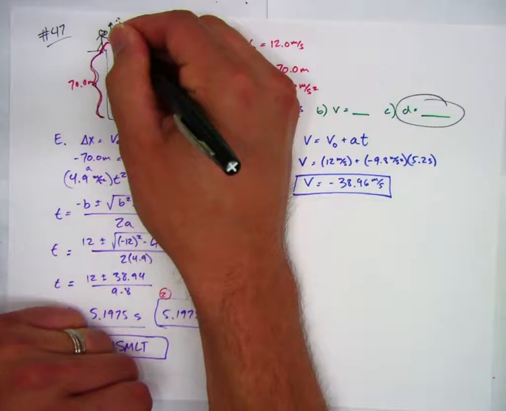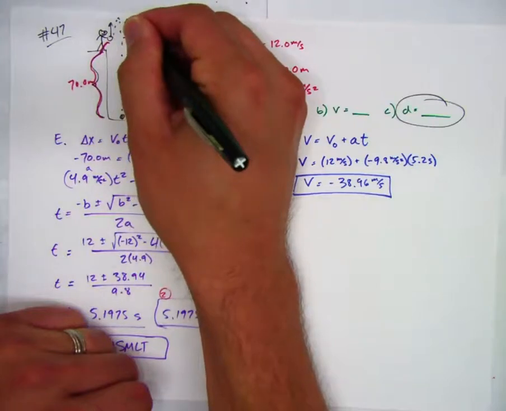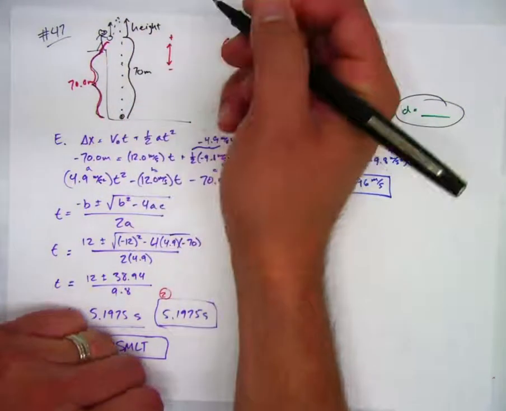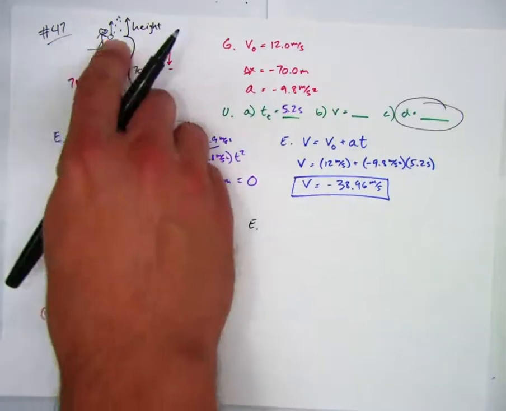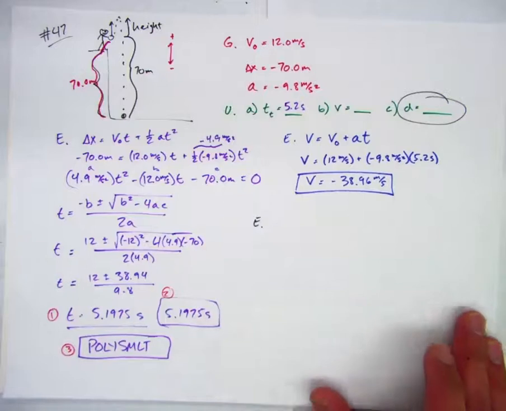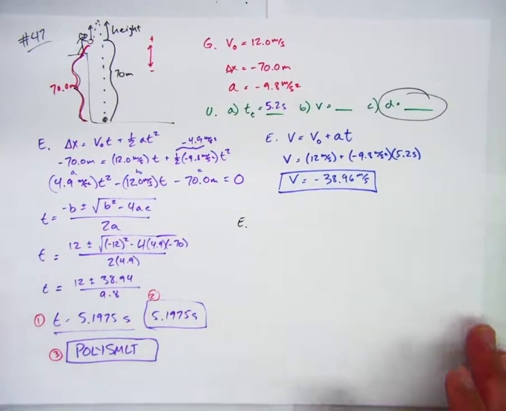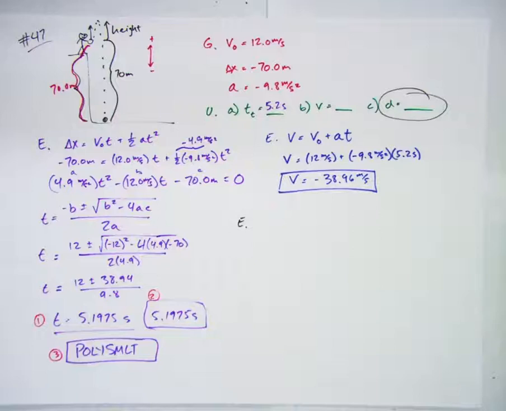But I don't know the height that it reaches at its peak, because if I throw it upward, it's going to reach some peak height and then fall back down. So I got to find the distance it takes to get to its highest height, and that will then allow me to find the total distance that it's in flight.